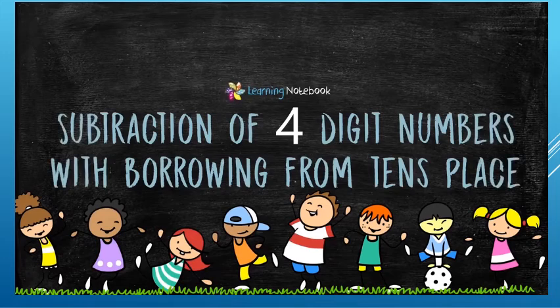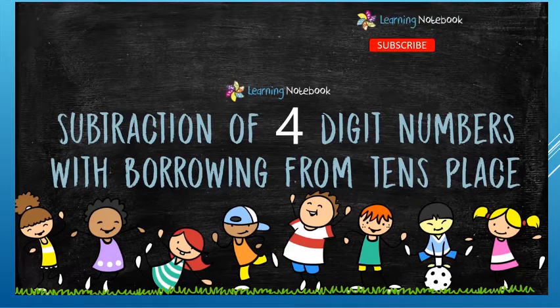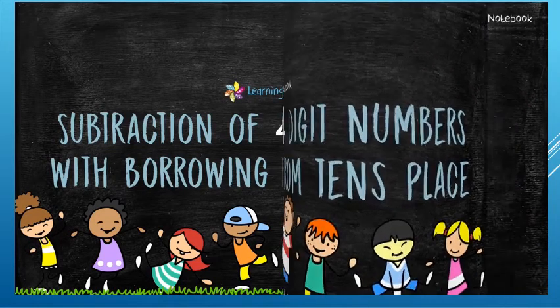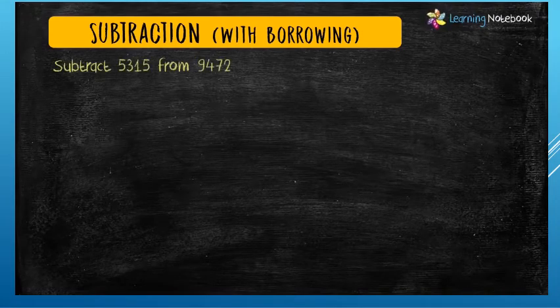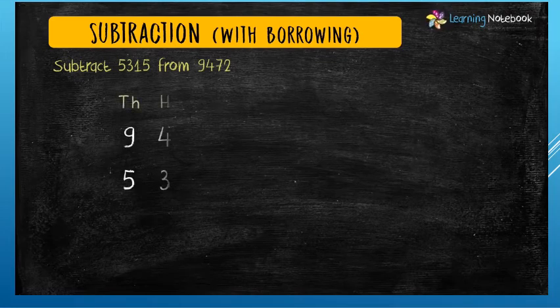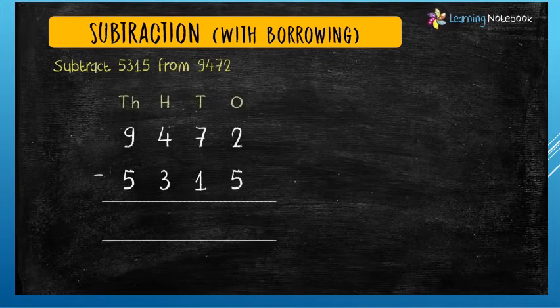Now let's learn subtraction of 4-digit numbers with borrowing from tens place. Question is, subtract 5,315 from 9,472. To subtract these 4-digit numbers, let's write them in columns.